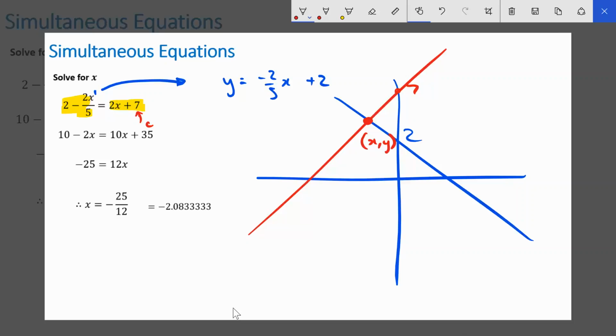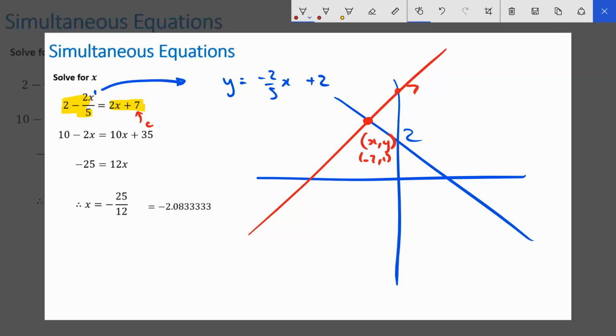True? Since they both have an x and a y coordinate, what I want you to realize is that means for the blue line at this coordinate, that y value, let's say it's negative 2, 1. I'm making it up, okay? It's not the right answer, but let's just say it was negative 2, 1. That means negative 2, 1 is a coordinate on the blue line, but it's also on the red line.